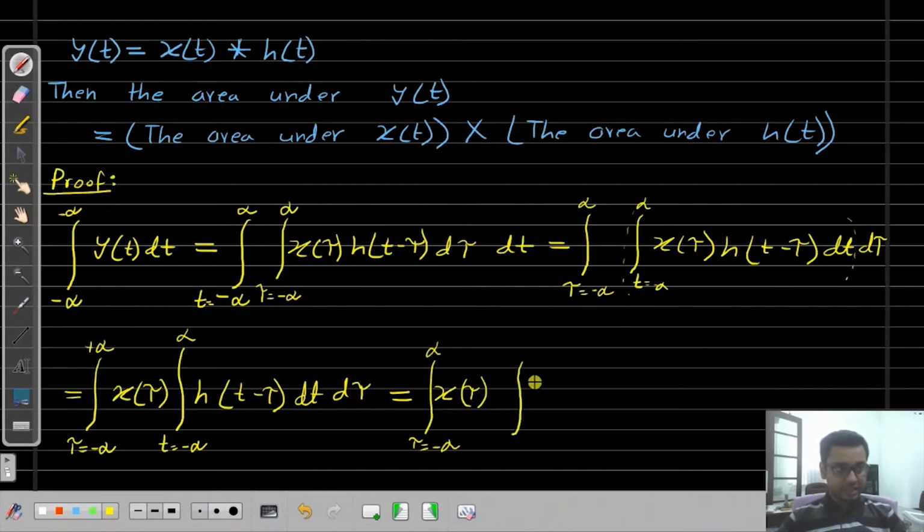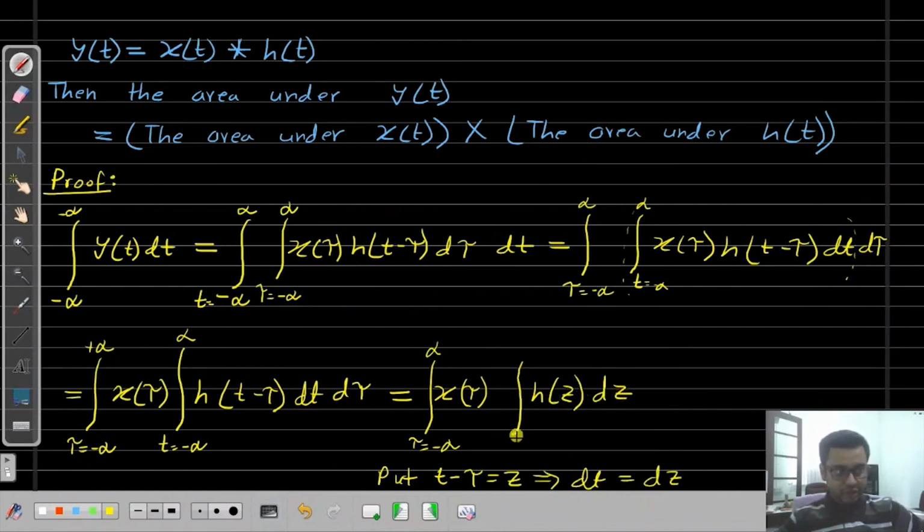Then integration of h of z, I'm putting t minus tau is equal to z, such that dt is equal to dz, and here I write dz.